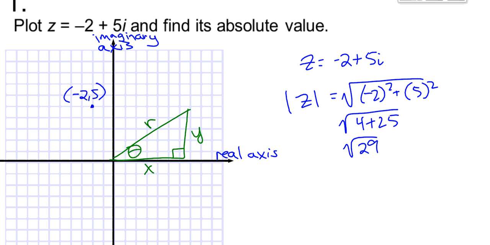I can have a point anywhere, and I can think of it as having x and y coordinates, or real and imaginary coordinates, but I can also think of it in terms of the angle and the radius. So do you agree that the sine of theta is y over r?